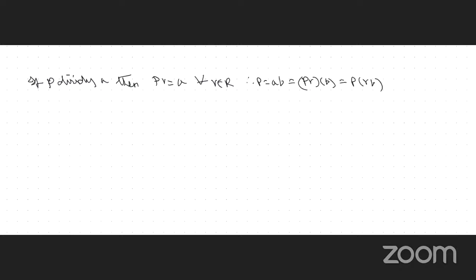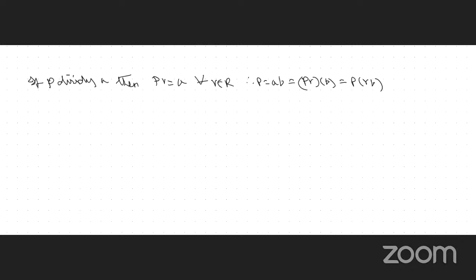If P divides A, then PR = A for some r belongs to R. Therefore, P = A B = PR B = P (RB).